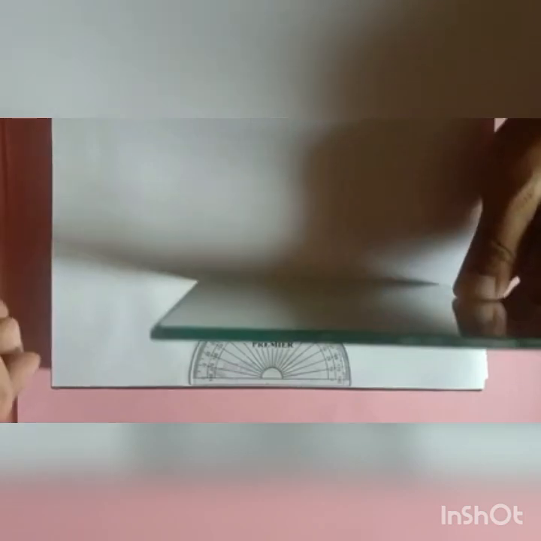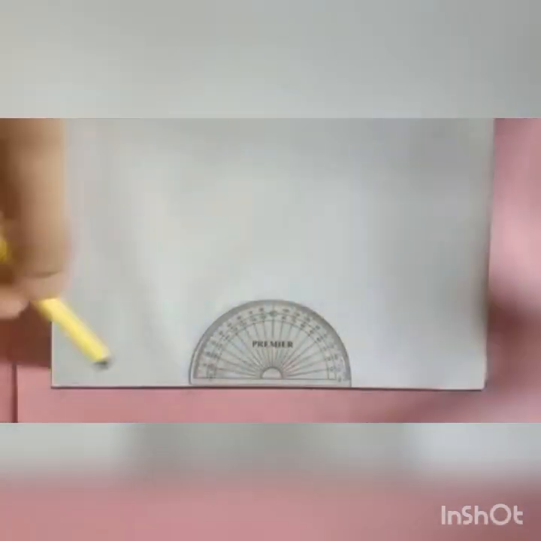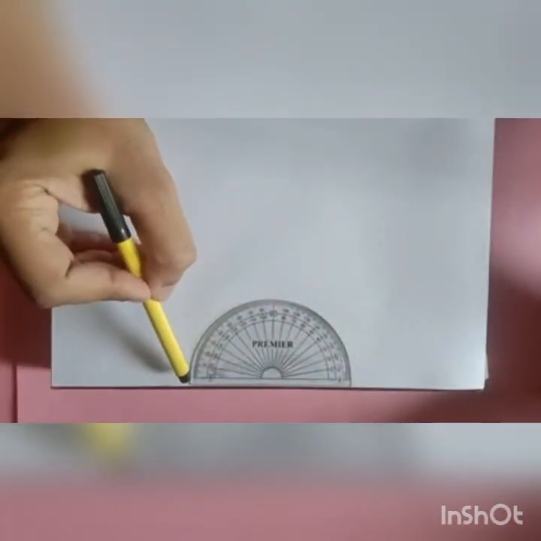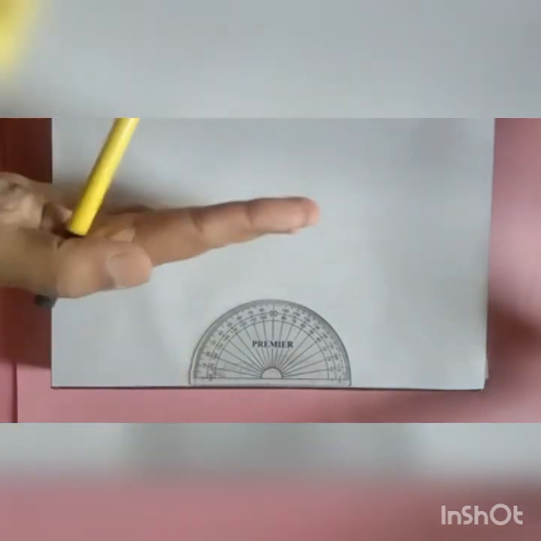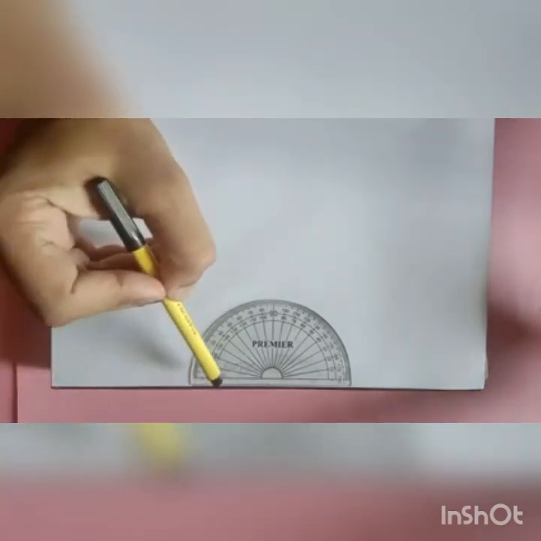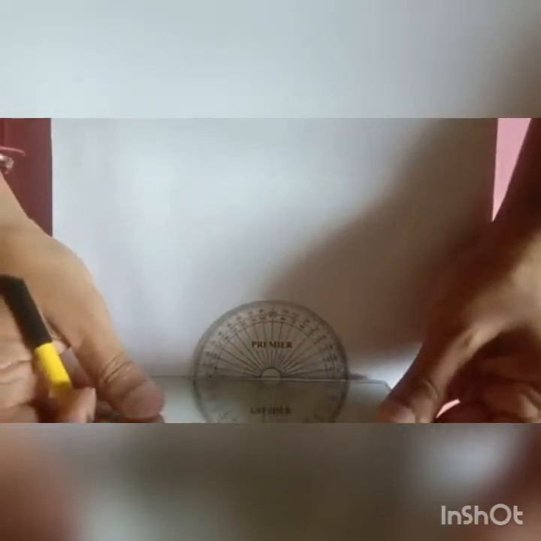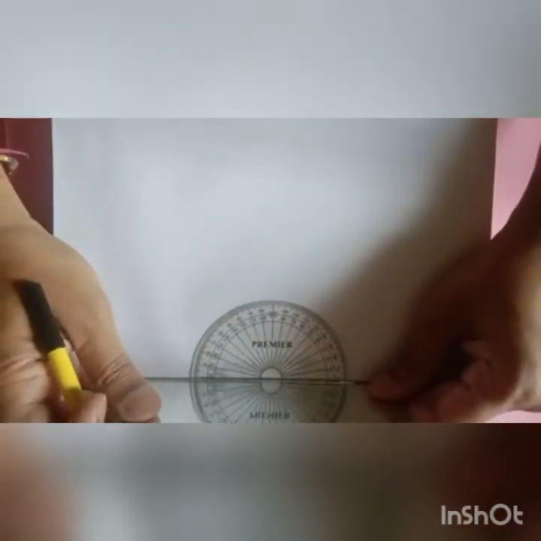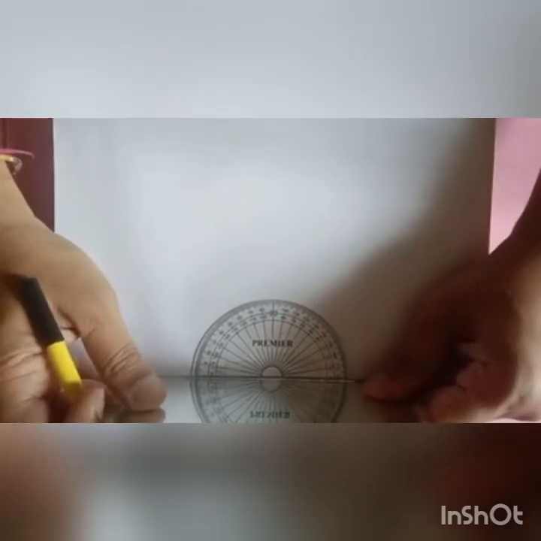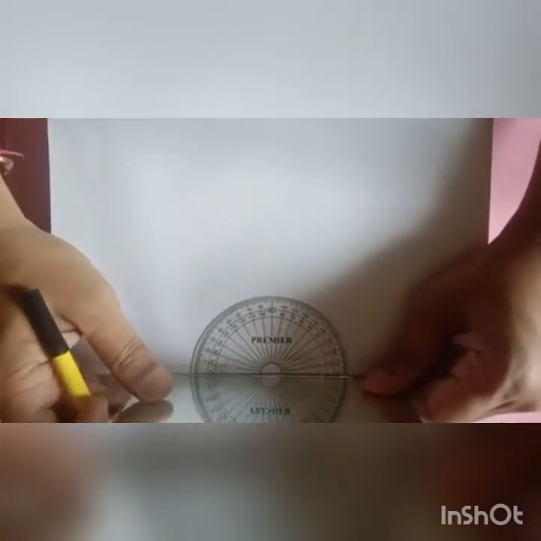I will put it somewhere here on the protractor, making sure the mirror is perpendicular to the plane of paper and along this line, like this.